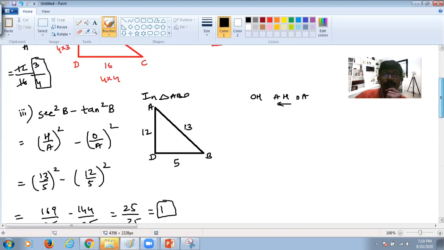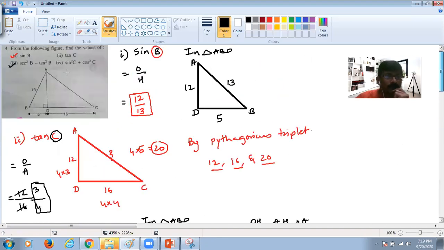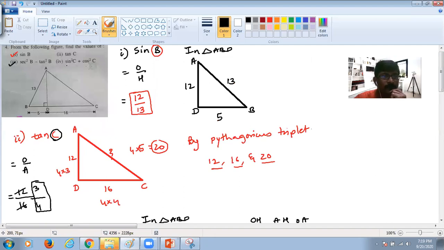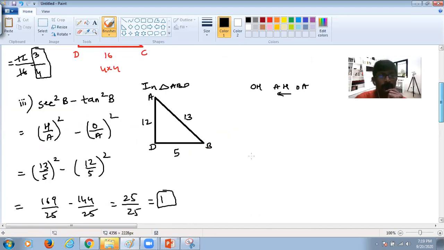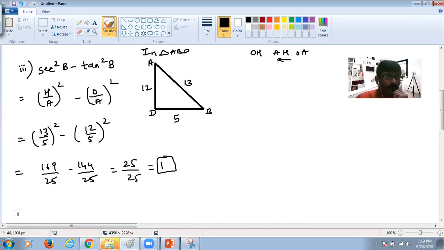And now, student, it's time to do the fourth subpart. What is this fourth subpart? Sine square c plus cos square c. So students, before moving to this fourth subpart, there is some standard thing we've noticed. We've seen almost 3 to 4 sums based on this, isn't it? Now I can teach you something called square triplets or square identities.